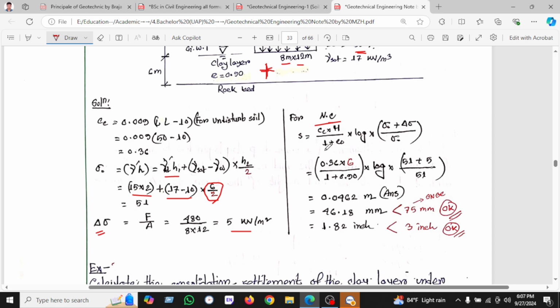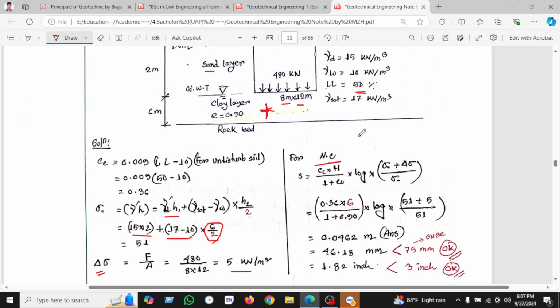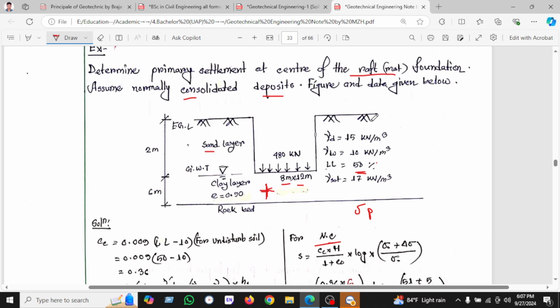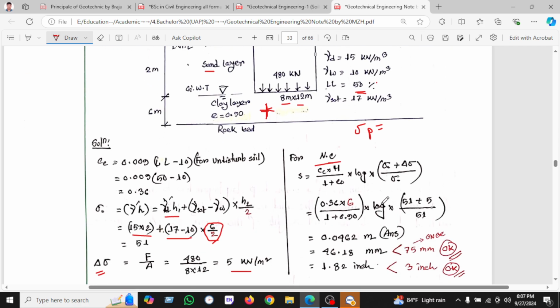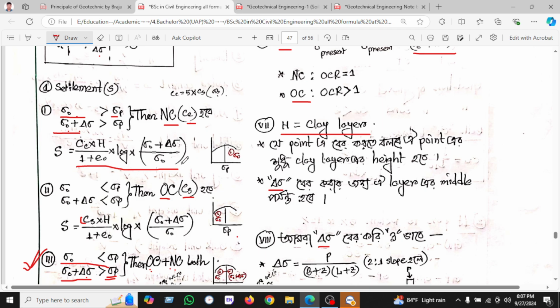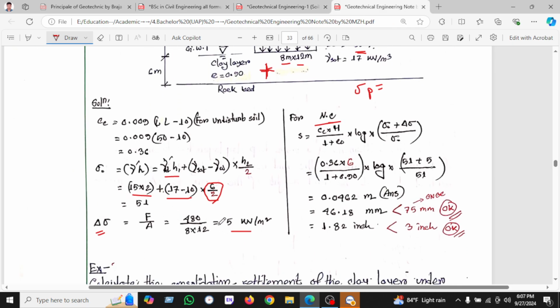So Cc into H over 1 plus e naught times log. Unfortunately we have seen there is no pre-consolidation stress given, but we think the question is missing this here. As per our data, the pre-consolidation stress should be 70 or 60.